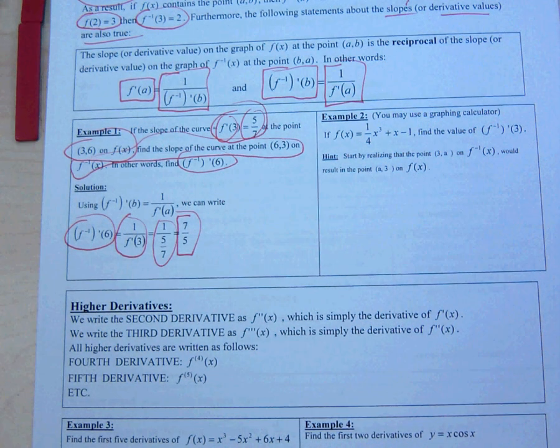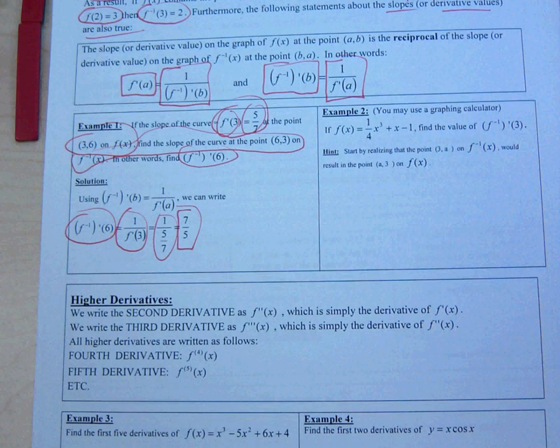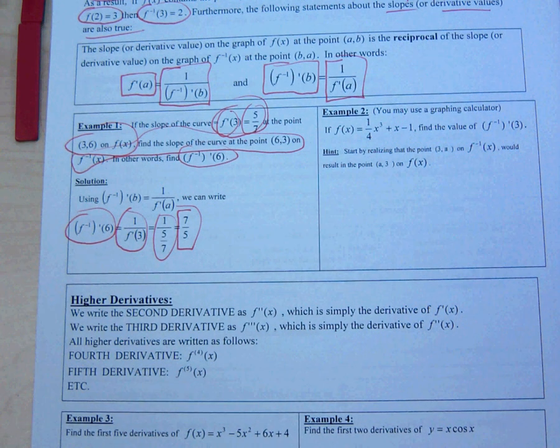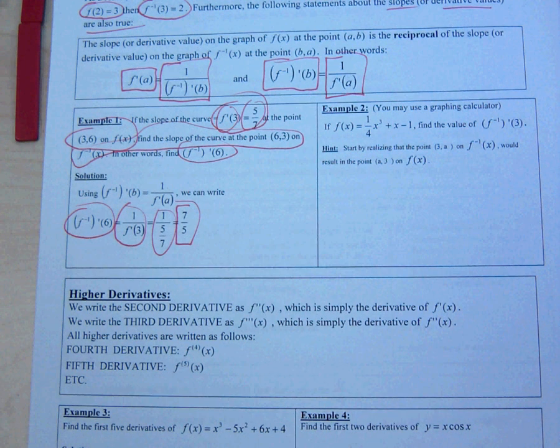Okay? Yes? When we're doing the book homework, when we're taking the inverse of the derivative, could we just raise it to the negative first power instead? It's not that, you're not raising it to the negative first power.